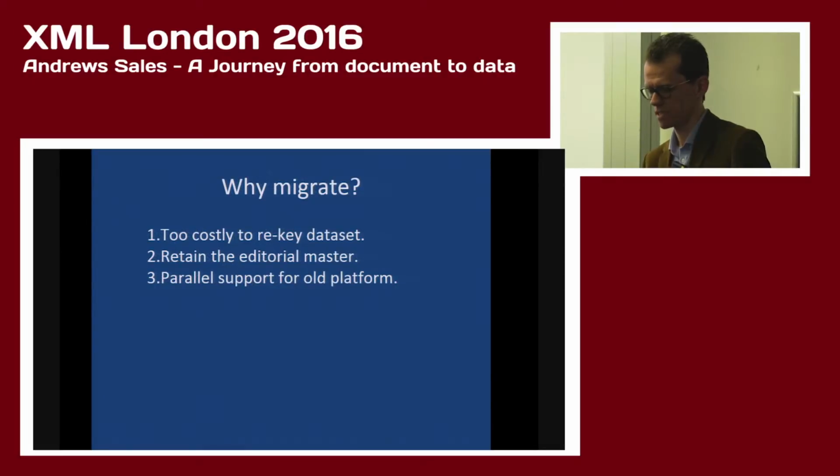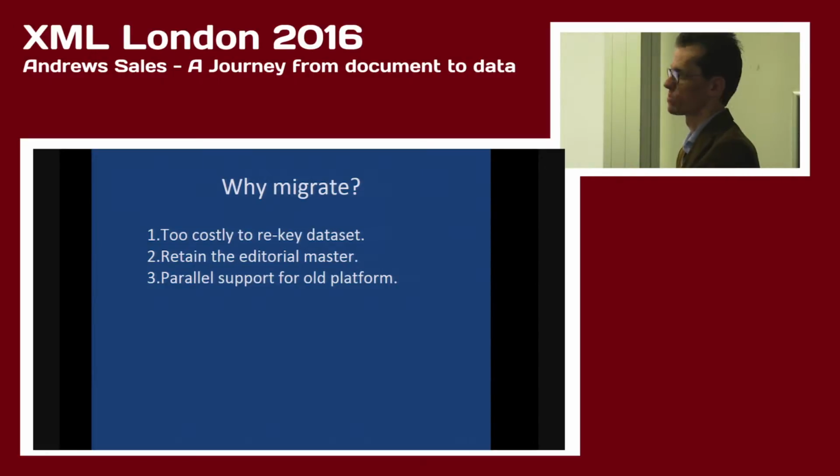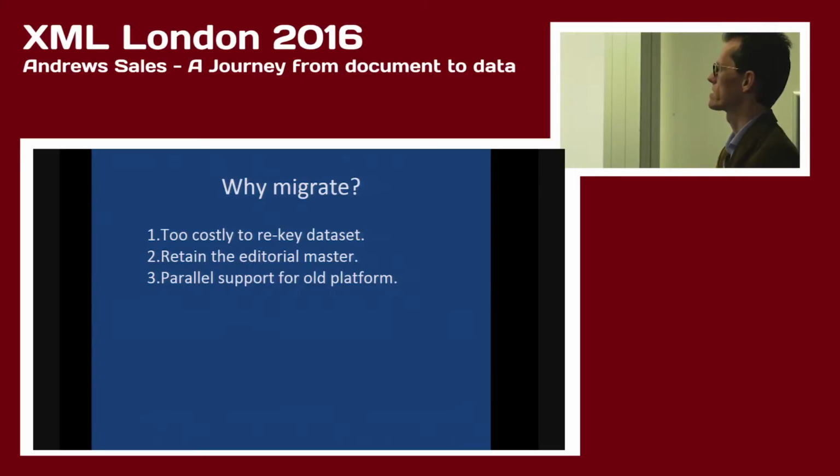And just a quick aside, why migrate? You might be thinking, well, couldn't you just rekey all this information on the new platform, just stick it straight into the database? Well, that would have been very costly and taken a lot of time. There was also the need to retain the editorial master in-house, because once you've put all the information into this third party system, then there's intellectual property issues.